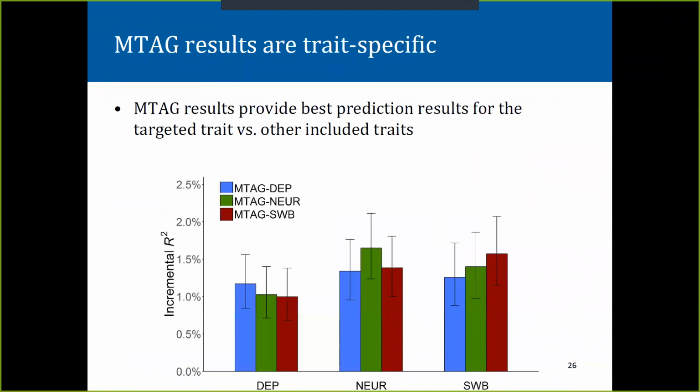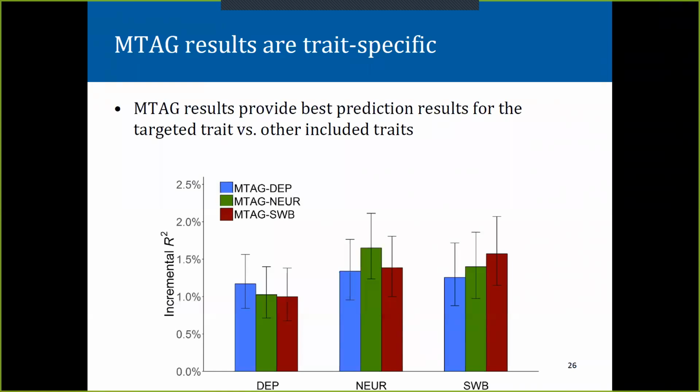And finally, on slide 26, this is showing that the own-trait polygenic score is most predictive of its own trait. You can see in the first set of three bars, we tried to predict depression with the scores created for all three of the different traits. The blue bar is the incremental R squared for the depression score.